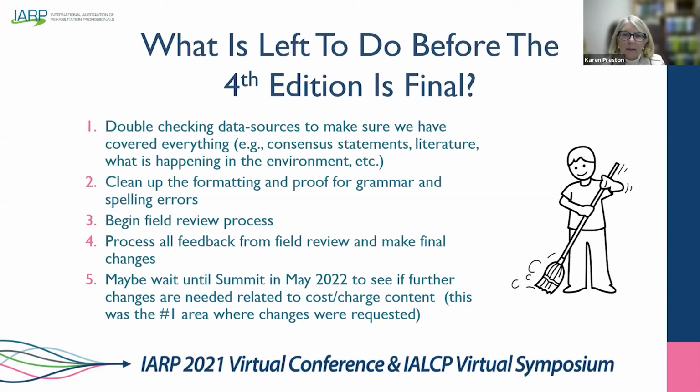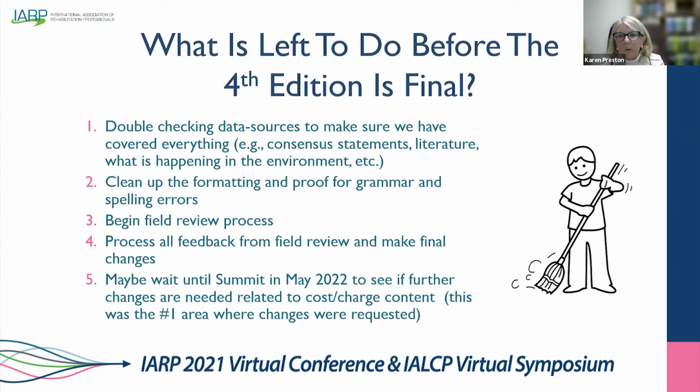We are cognizant that there is the summit coming up in May, and the focus of that will be on money, costs, charges, all of the controversies related to that. The white paper that was requested in 2017 is ultimately going to come out.